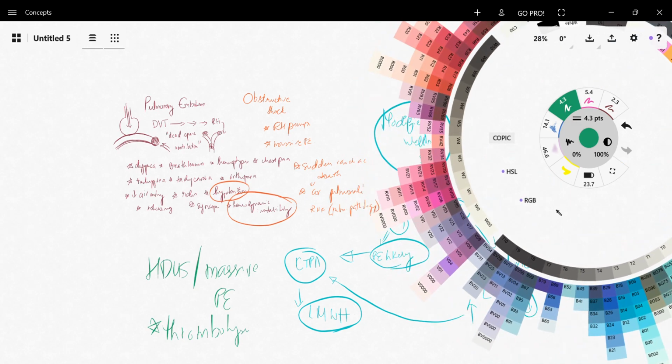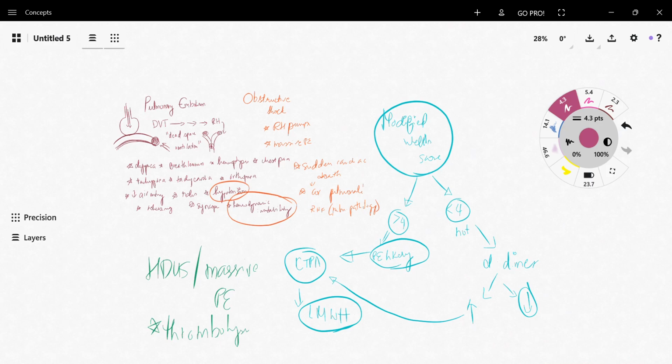And when there is a contraindication to thrombolysis, for example, if the patient has active peptic ulcer disease or a bleeding tendency, when you cannot give low molecular weight heparins and you cannot thrombolyse the patient, that's when you put in something called an IVC filter.